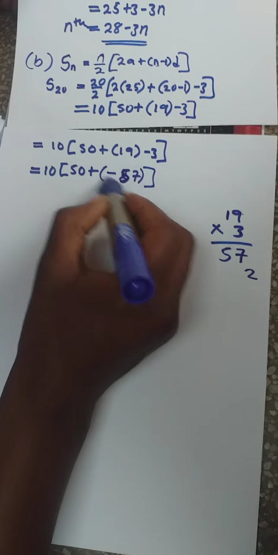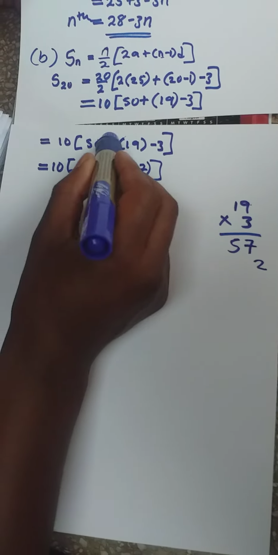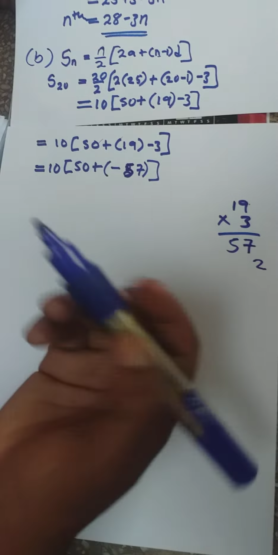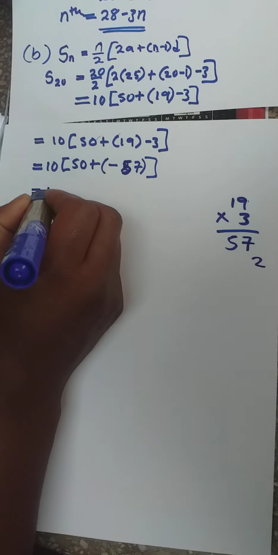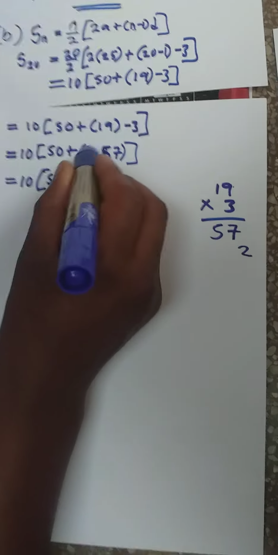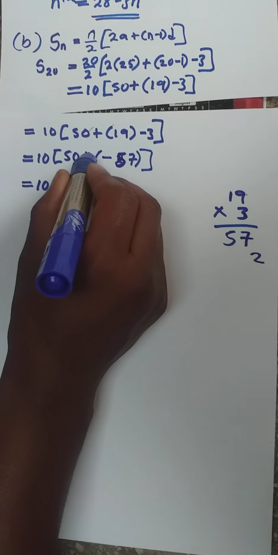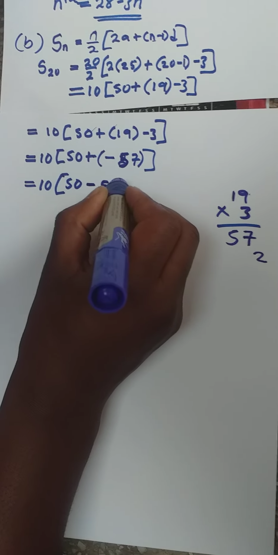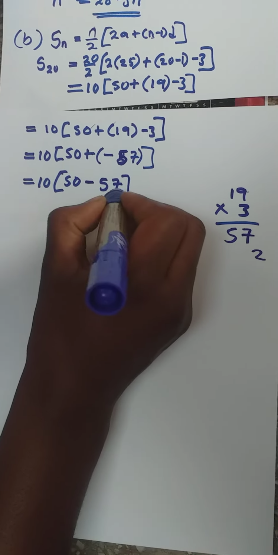The reason we are putting the answer in brackets is because we have a sign here, negative 57, but again there's a sign in front, so you can't write two signs without a division between them. So you need to remove one sign here by multiplying positive times negative. We get a negative, so it is minus 57, then brackets.